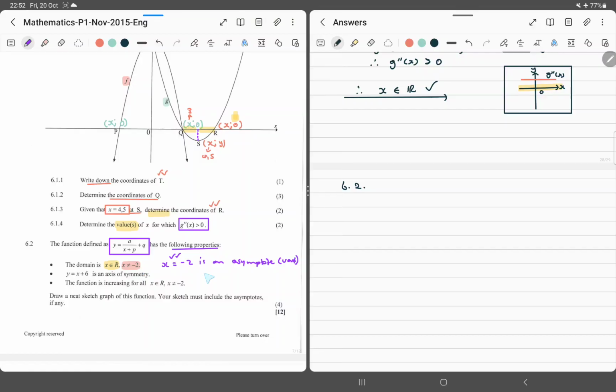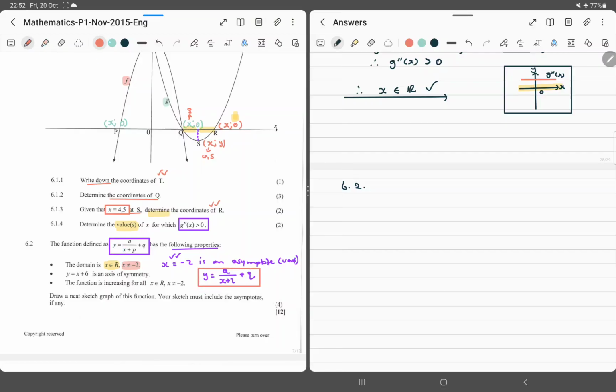Now, what does this suggest about our graph? It means our y is now a over x plus 2, plus q. So this is giving us an indication about our graph of y.